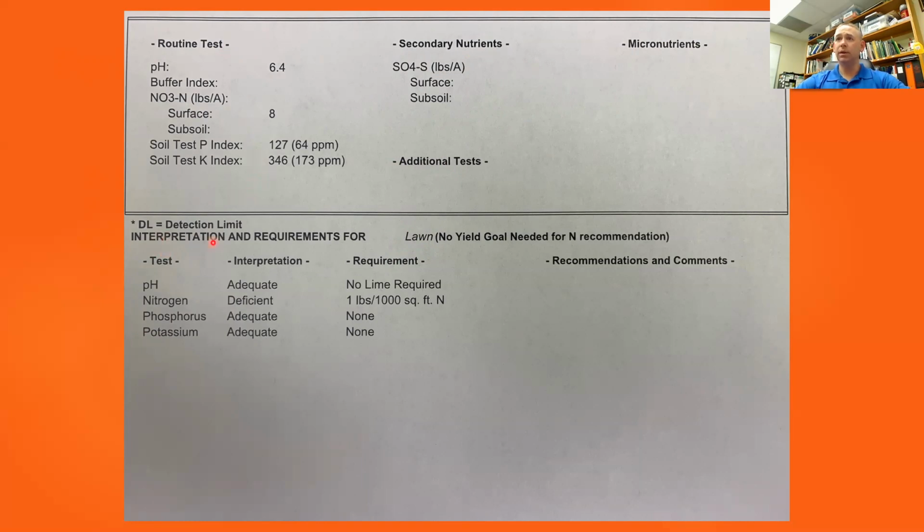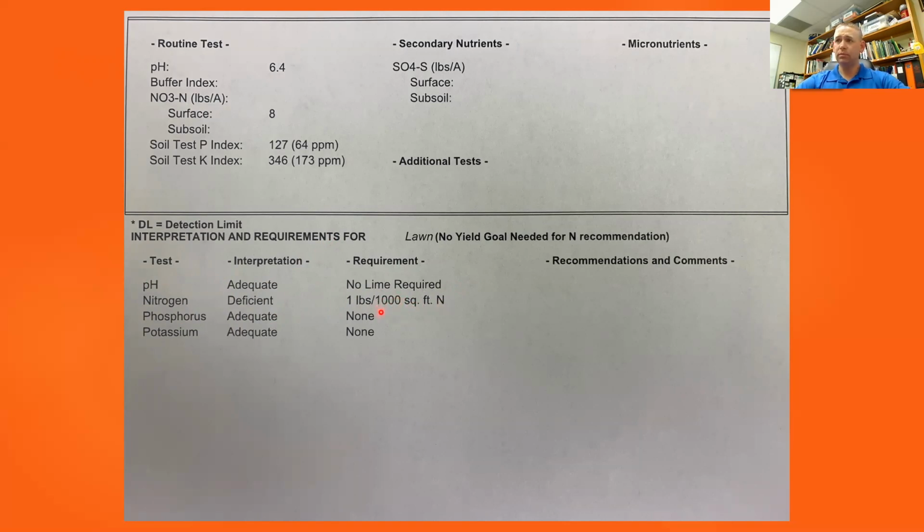So you're going to get the interpretation, and down here, the pH is adequate. We do not need to apply any lime or sulfur to increase or lower the pH. Nitrogen is the only deficiency that we have here, and they're recommending 1 pound per 1,000 square feet.